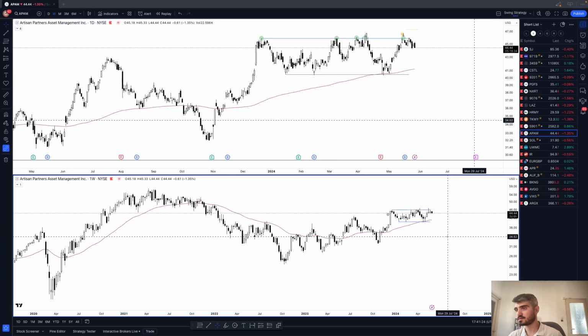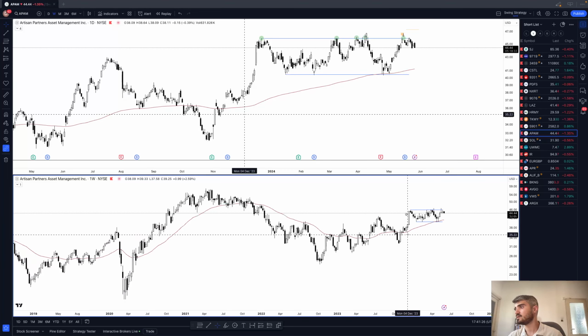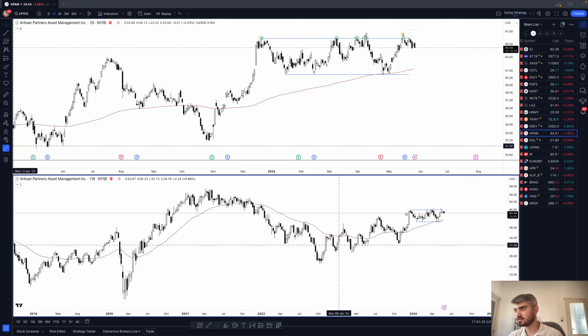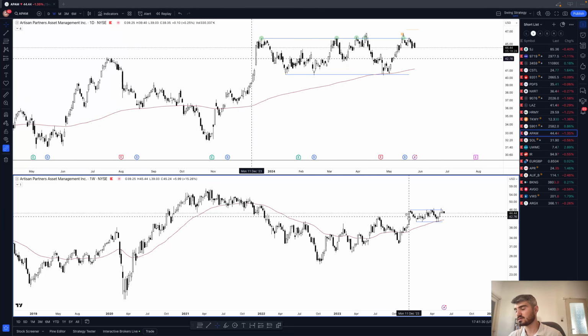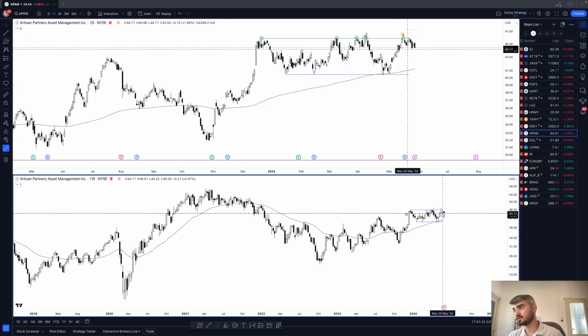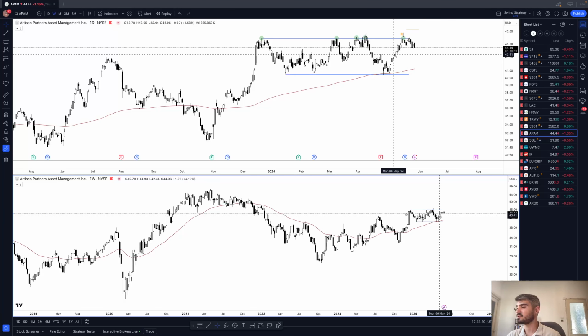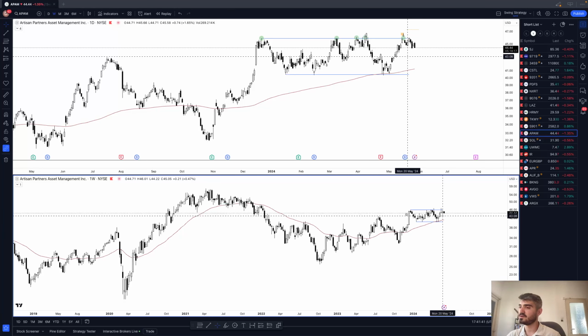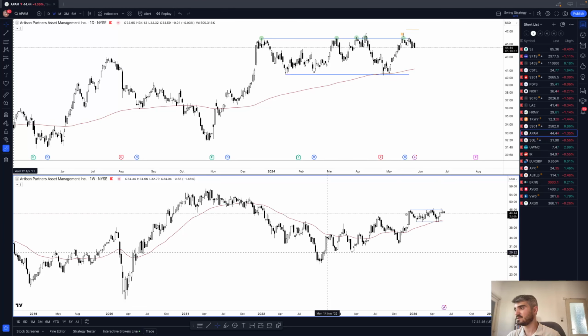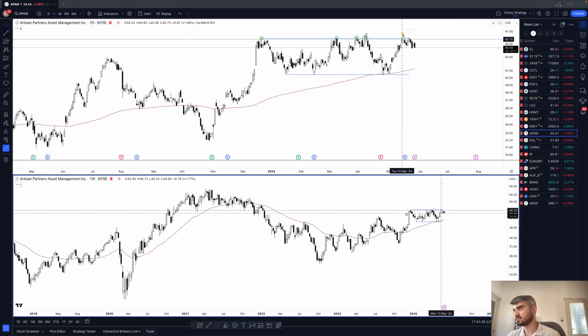APAM, a rectangle, nothing much to be said. I think I talked about this setup in the previous video last week, and at the beginning at least it looked like we were going to the upside.